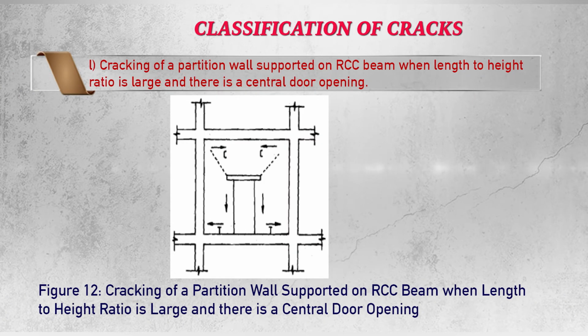Now we move to figure 12, which gives you cracking of a partition wall supported on RCC beam when length to height ratio is large, and also there is a central door opening. So, here you see a cracking of a partition wall which is having central door opening. So, these are different graphics showing you different types of cracks in different elements of the building.